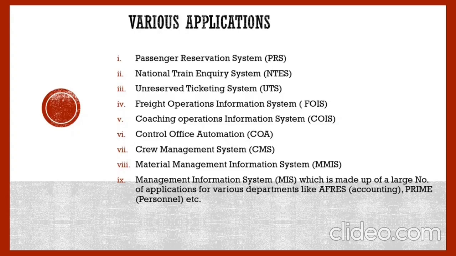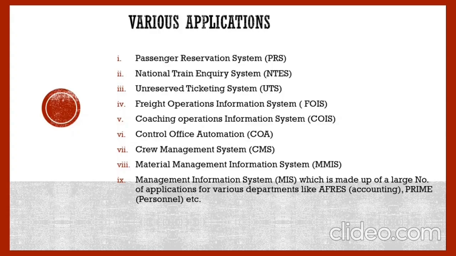Freight Operations Information System, or FOIS. Coaching Operation Information System. Control Office Automation. Now this one is interesting, which is the sixth one, Control Office Automation. By that they mean the management of routes of railways, which train is delayed and which will come early.